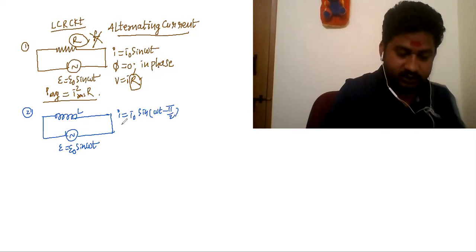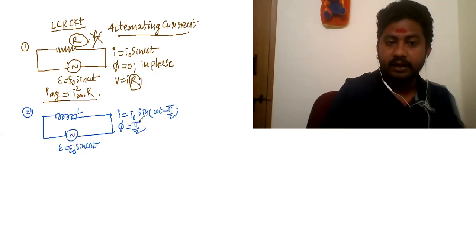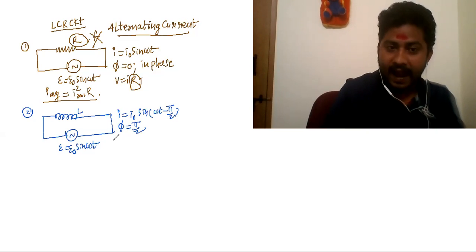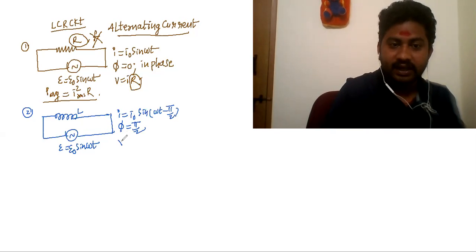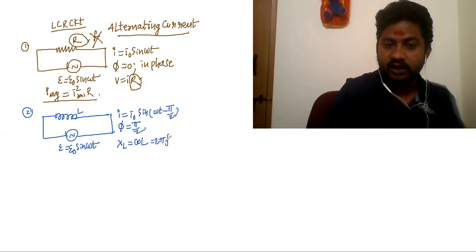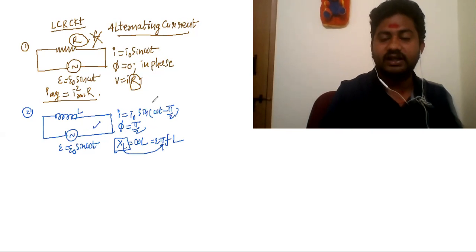So there is a phase difference. What is the phase difference we could identify here? It's pi by 2. The resistance of this circuit is the inductive reactance X suffix L, which is equal to omega into L, which is 2 pi into frequency into L. See here, this inductive reactance, which is the resistance of this circuit, depends on the frequency of the oscillating source.